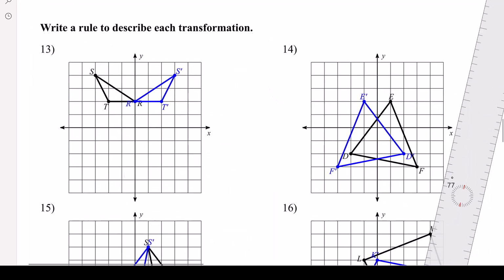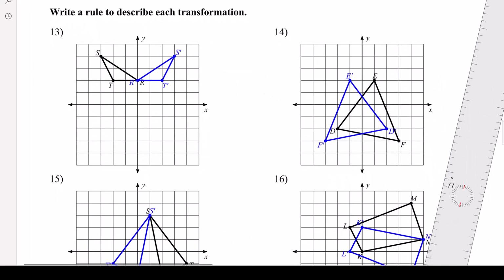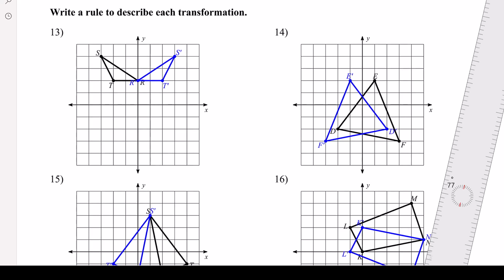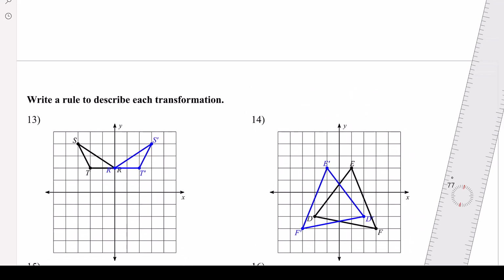Okay, now you're tasked with the job of writing a rule. So remember when we were talking about translations and you started with an X and Y, and then the rule said we're going to go 4 to the left, and for the Y's, we're going to go down 1.